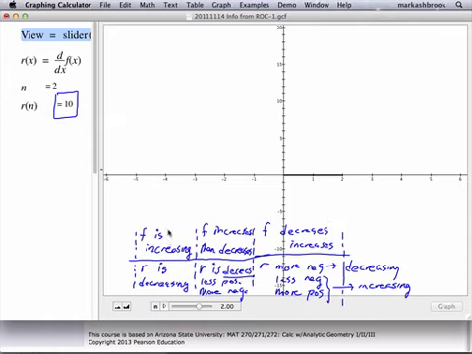Right. This whole thing could be up around positive 1,000, going up and down around 1,000, right? Or it could be at negative 500, going up and down the same way, down at negative 500. So there's nothing here that tells us about the actual function values.